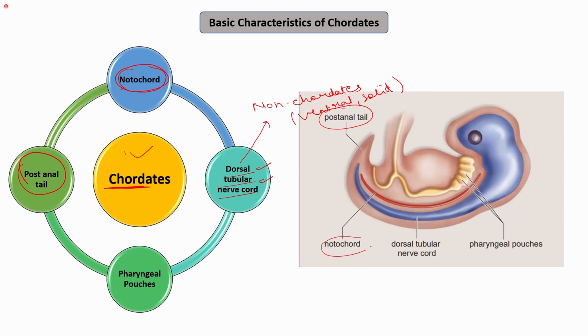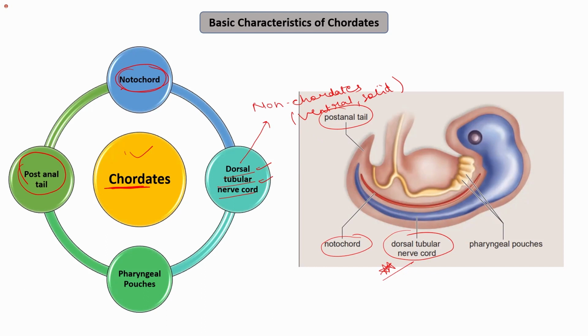They have a notochord. This red color structure is the notochord, which in vertebrates is modified into the vertebral column. They have a dorsal tubular nerve cord. This is important; this is a point of difference from the non-chordates. As I mentioned, in non-chordates it is ventral and solid.